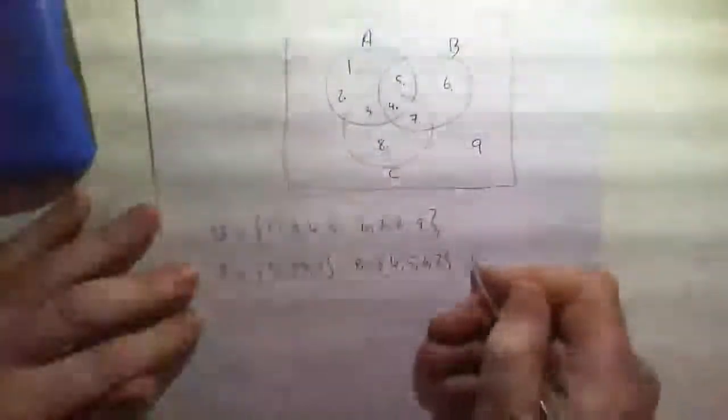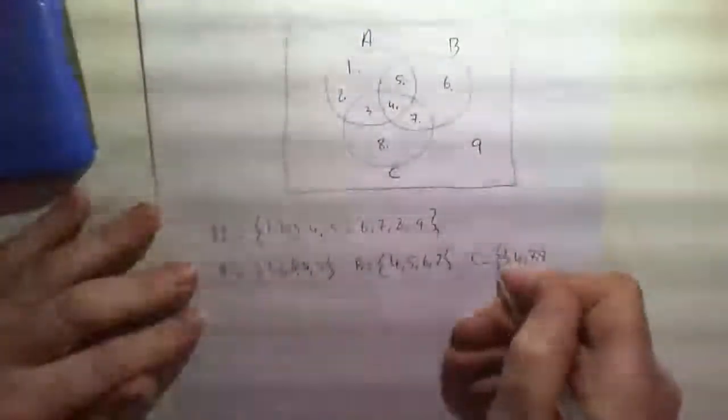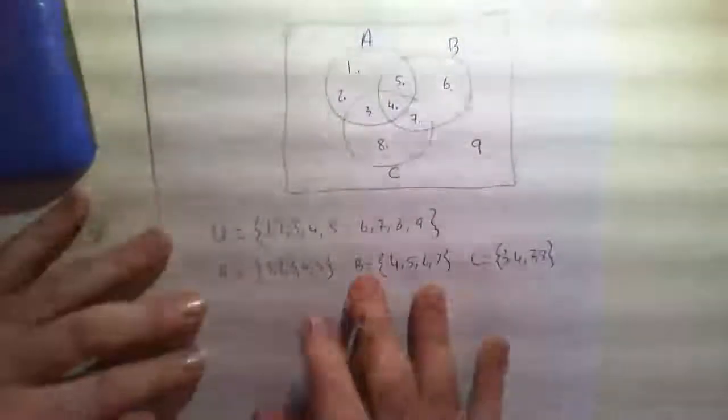If I want to list B, sorry, B is 4, 5, 6, and 7. And if I want to list C, that's 3, 4, 7, and 8. Okay, so far so good.